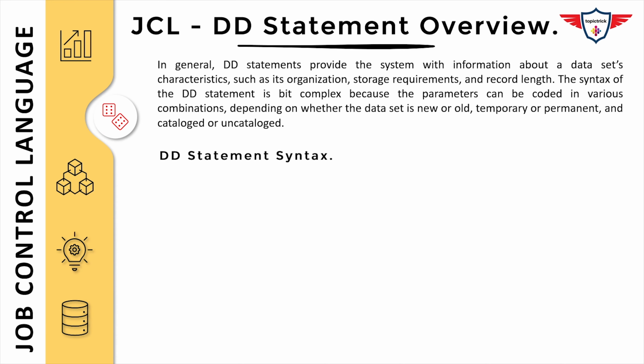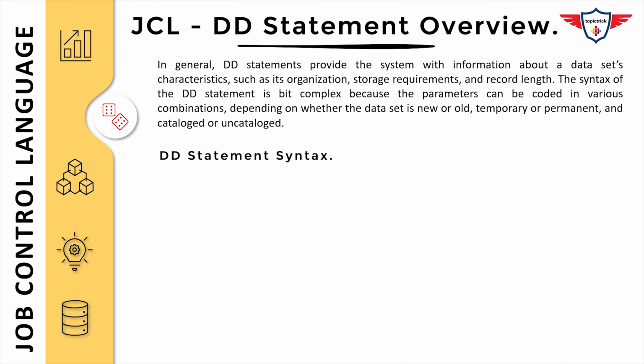Now let's move on to the next section, that is JCL DD statement introduction and JCL DD statement syntax detail. As I've already mentioned, the DD statement in JCL is used to define the dataset that a program or a procedure uses when it runs. You must code one DD statement for each dataset that is used or created within a job step. And remember, the order of DD statements within a job step is not usually significant.